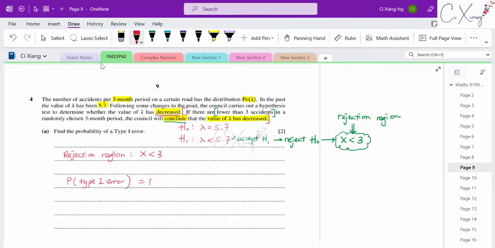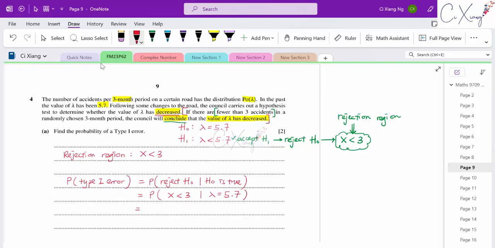The definition of type 1 error is to reject the null hypothesis when the null hypothesis is true. When will we reject the null hypothesis? We reject it when the test statistic is in the rejection region. So rejecting the null hypothesis means that I want x smaller than 3, when lambda is true. The lambda is equal to 5.7, right?